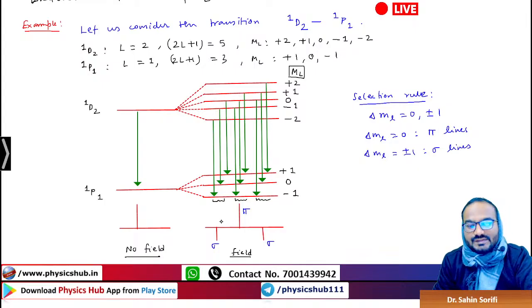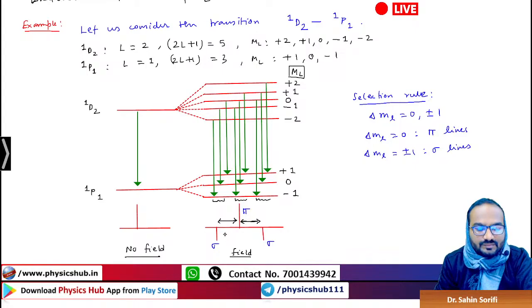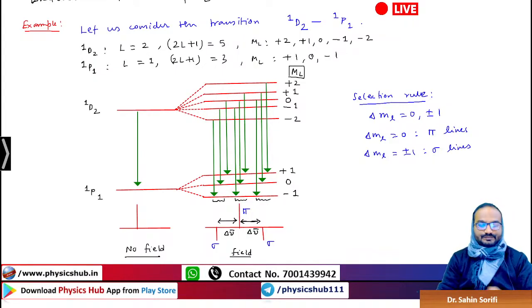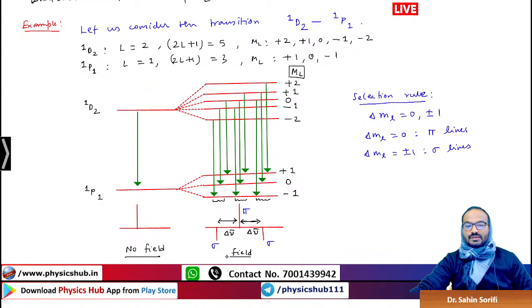Now this separation between the consecutive Zeeman lines, this separation in terms of wave number is denoted by delta nu bar. It is the same, delta nu bar. Okay, now most of the questions come from what is the separation.